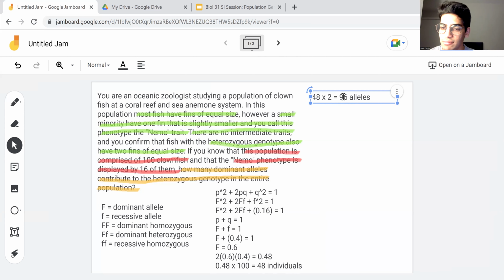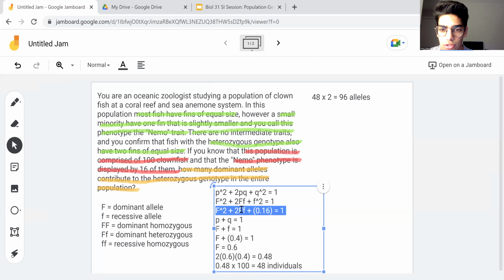Except, wait a minute, that's not quite right, because these 96 alleles aren't just the dominant alleles that contribute to the heterozygous genotype, right? They are made up of the dominant alleles and the recessive alleles that make up this genotype right here, this little f as well.